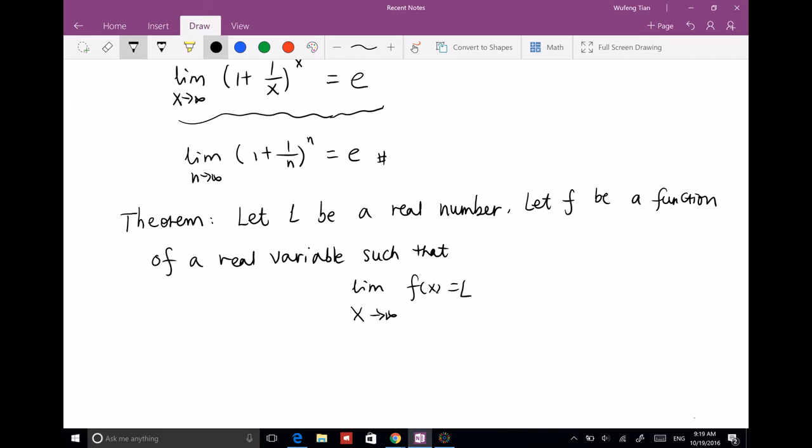And the limit of f(x) as x goes to infinity equals L.